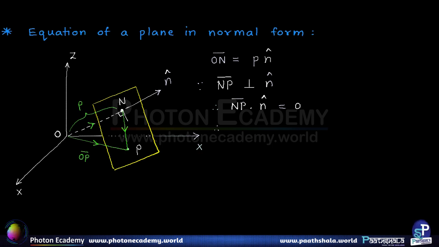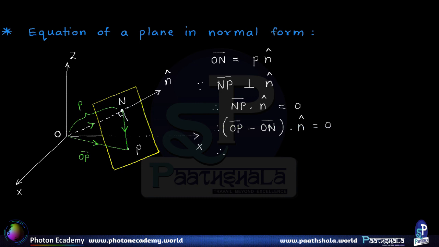Now this NP bar, isn't it OP bar minus ON bar? Yes, we know that it is final minus initial, dot n cap is equal to 0. Now OP bar we can also denote by another symbol, that is r bar. So r bar now indicates the position vector of any generic point on the plane.